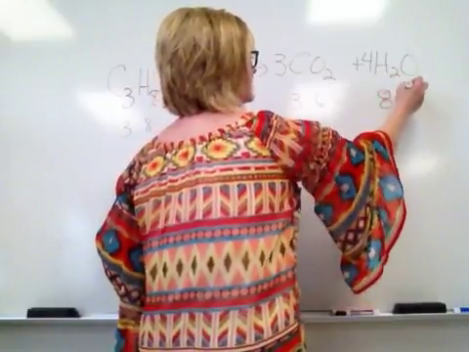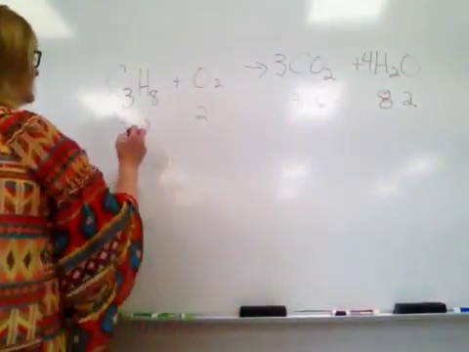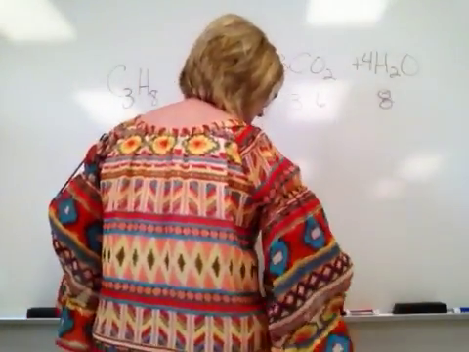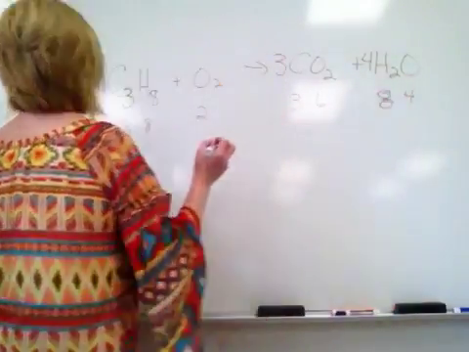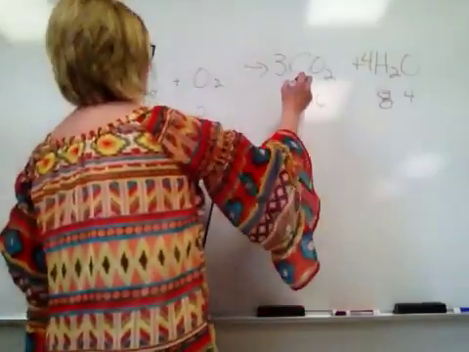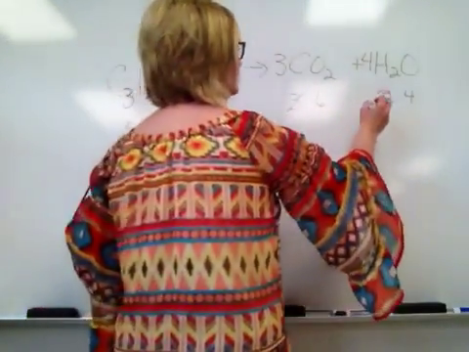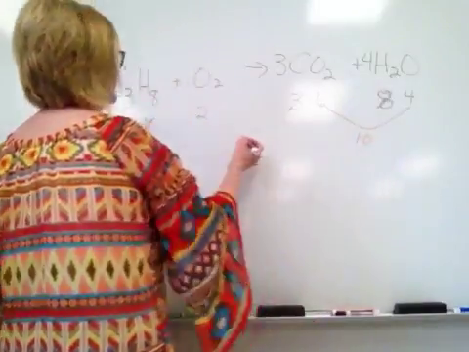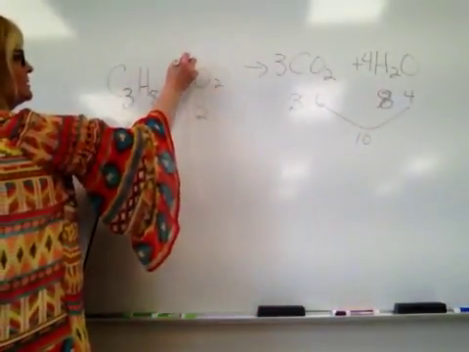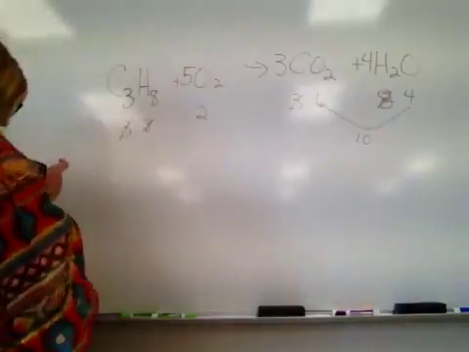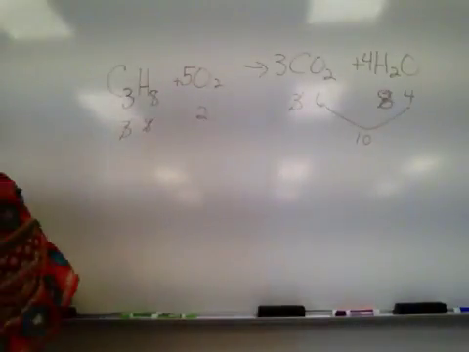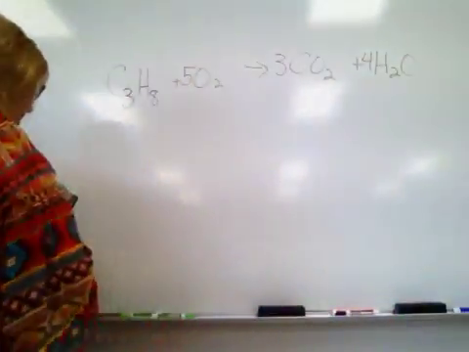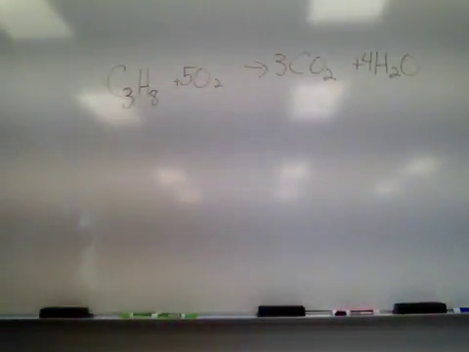So I have 8 and 2. Okay, so 3 carbon, 8 hydrogen. How many oxygen? 10. So 2 times 5. Okay, so I have a balanced equation. That is the first part that I have to have.